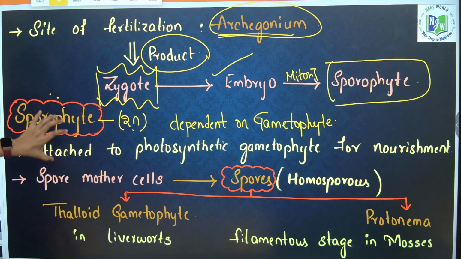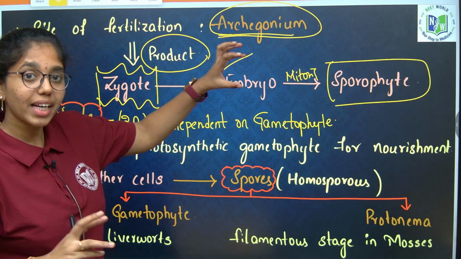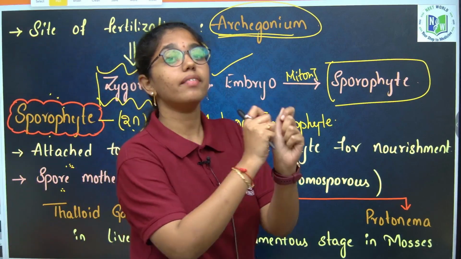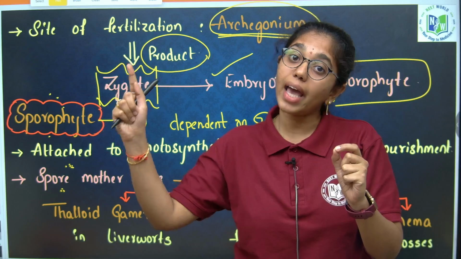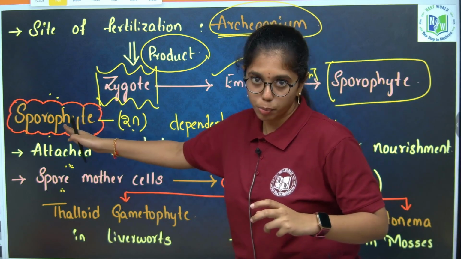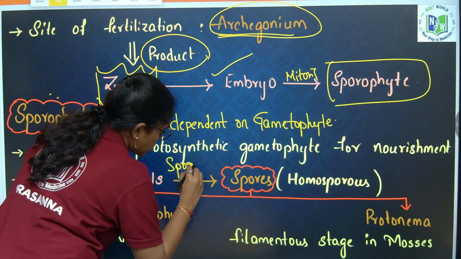Sporophyte again bears spore mother cells. Don't get confused between androcytes and spore mother cells here. Androcytes are diploid, they give rise to male gametes, which have to fertilize the egg. But spore mother cells present in the sporophyte undergo sporic meiosis.